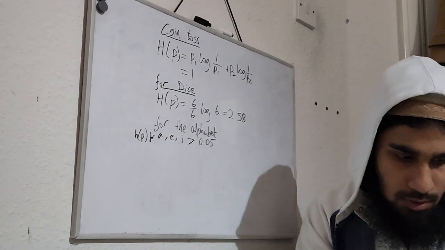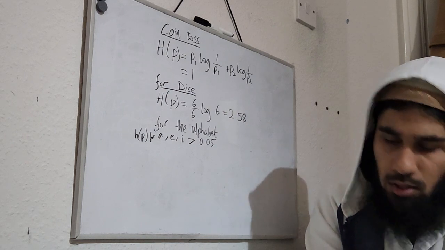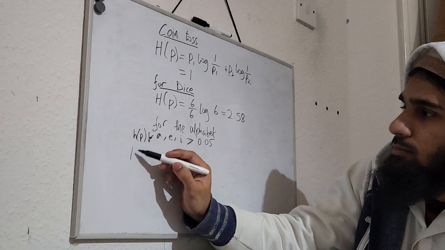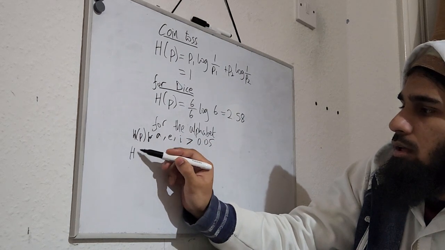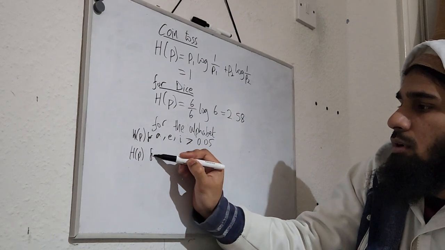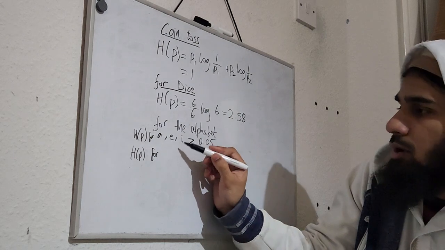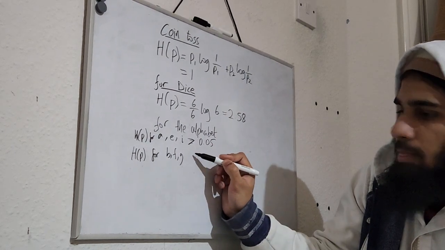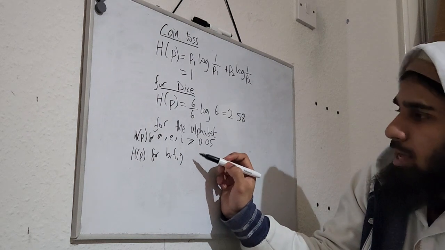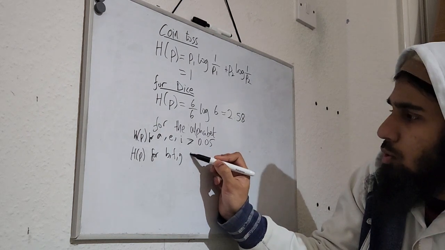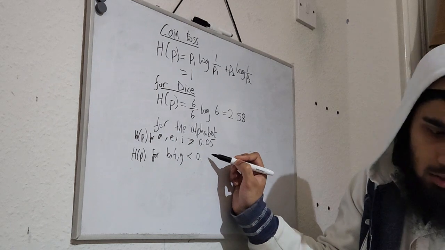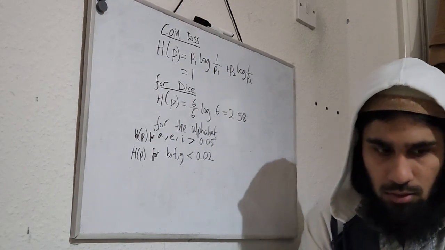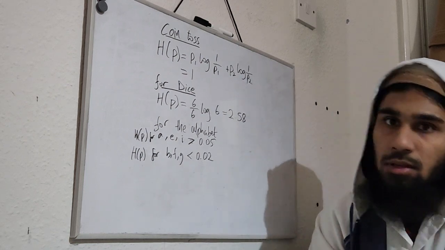And for B, F, G, the H(P) is lower than 0.02. So what does that mean?